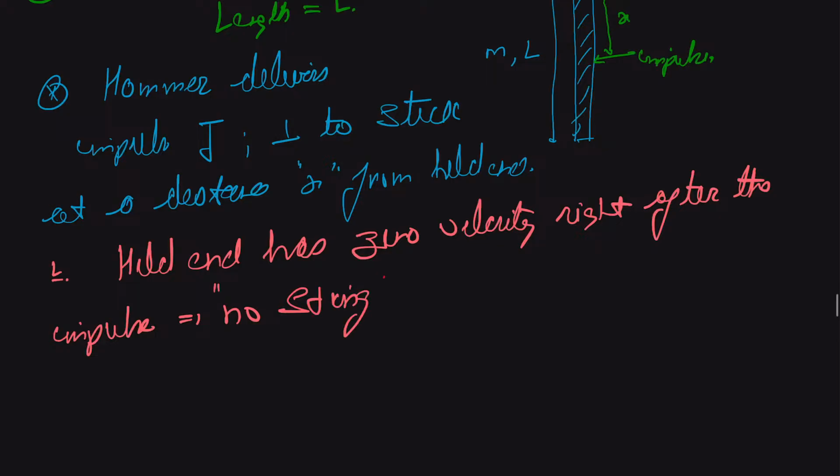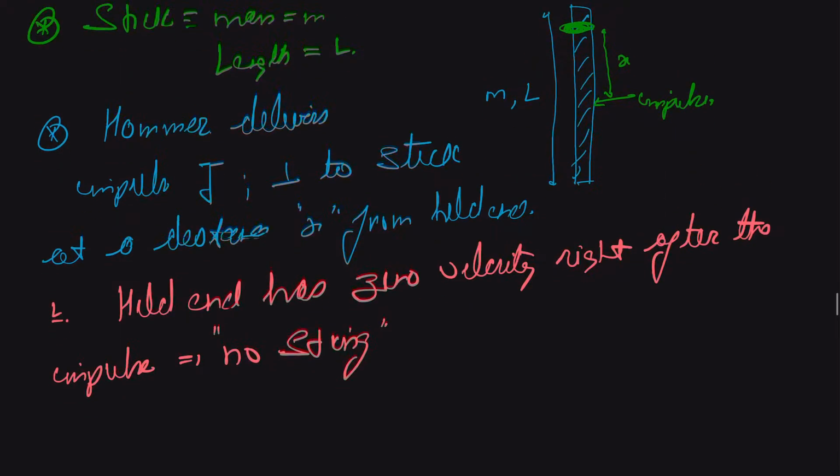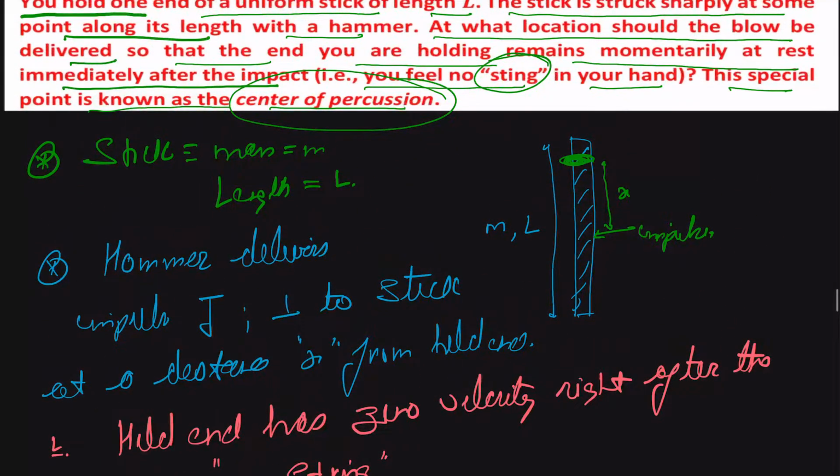That is a term used in the question. And like we said, that distance is x, and this point is nothing but our center of percussion. We can call this COP.